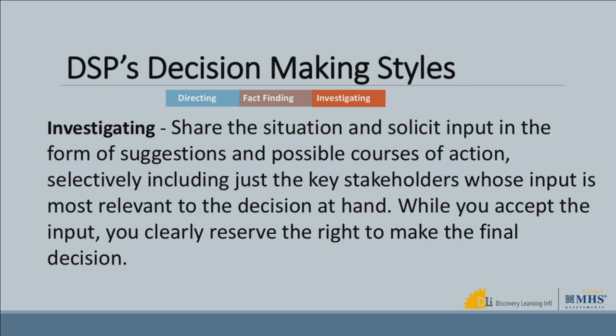I'm going to let them know what the issue is, and this is what I'm thinking about, and that I might get some input about the decision at hand. But in the end, I still am going to make that decision. And so I pulled them into the process, and I've informed them, and I've gotten information from them, but I still make the decision. It's more inclusive than fact-finding, but in the end, I still pull the trigger.